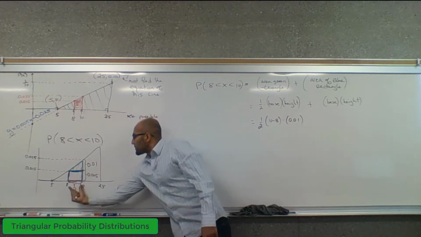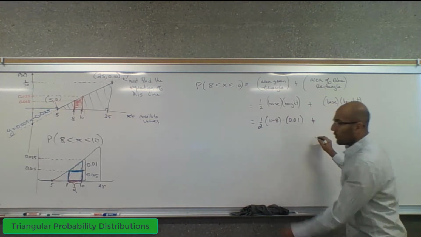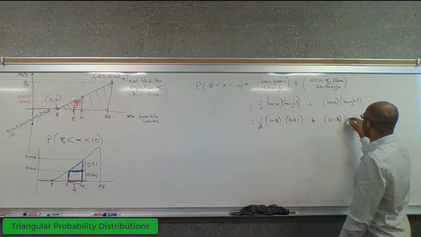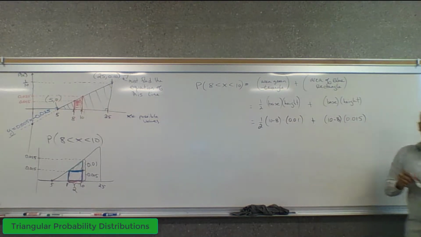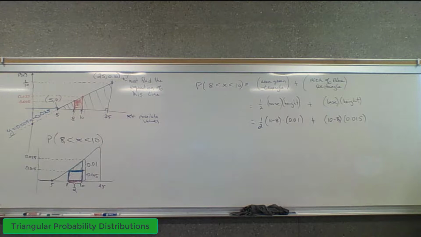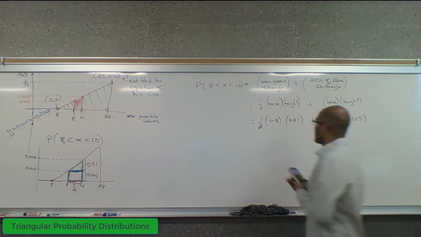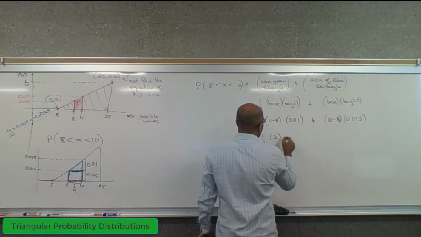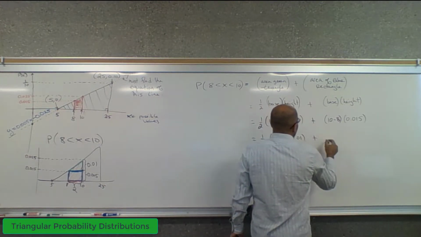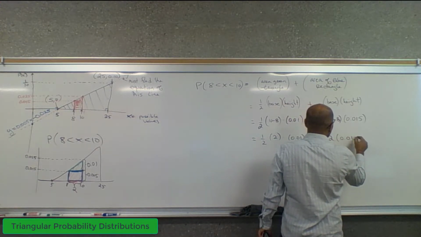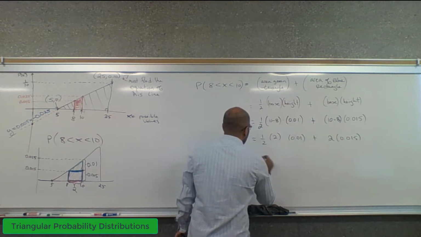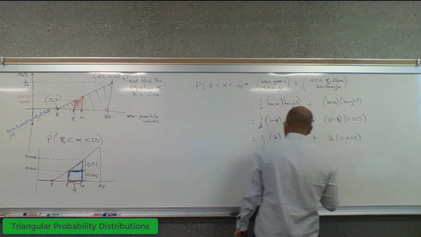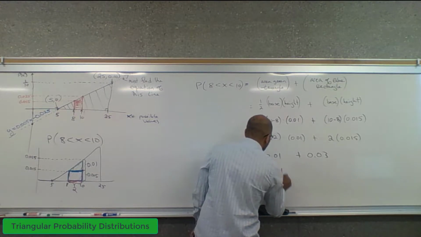And then the rectangle, well, that's just even easier, 10 minus 8 times the height, which was 0.015. Okay, so that'll do it. We can simplify this a little bit. This is 1/2 times 2 times 0.01 plus 2 times 0.015. So this will be equal to 0.01 plus 0.03. So the answer is 0.04.